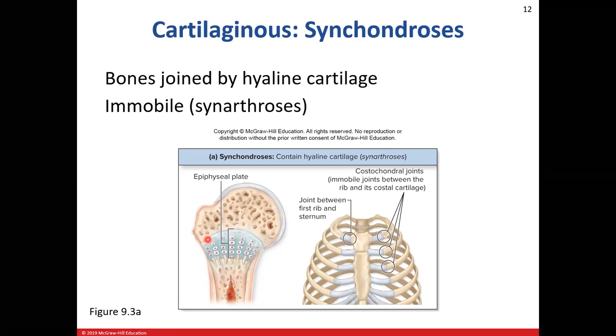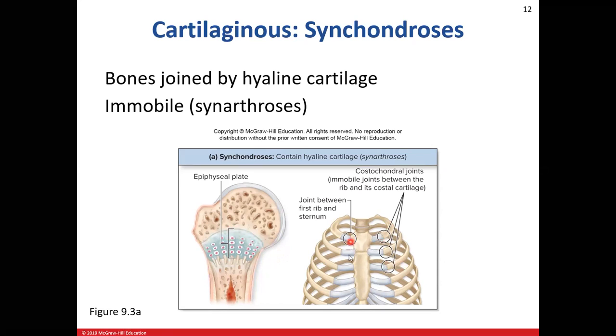And so when we look at the examples of a synchondrosis, here we have the epiphyseal plate where we have a hyaline cartilage section that joins the two bones together. In this case, it may not be two specific or two separate bones, but it is two separate pieces of bone here. Now, obviously, as we get older, this will ossify and become the epiphyseal line, and at that point, it's no longer a synchondrosis joint.